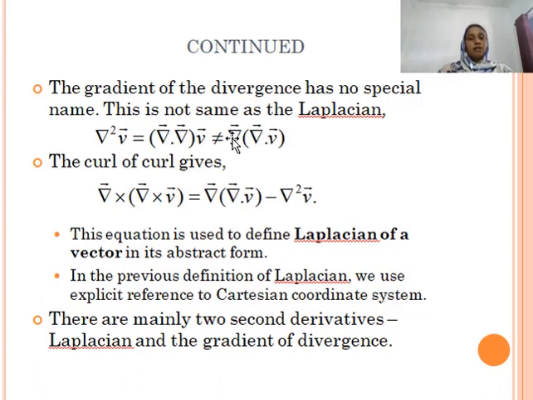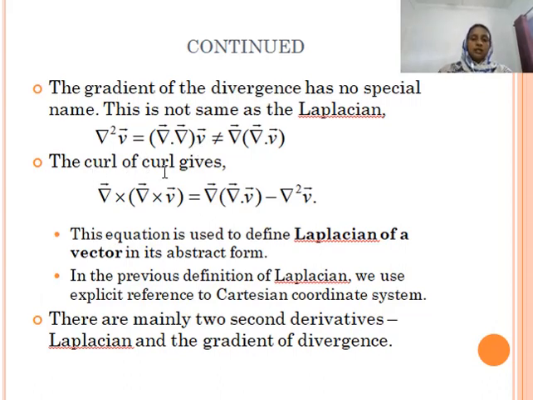Here the gradient acts on this scalar field del dot V. Here del square is a scalar operator. It acts on a vector field V. So these two are not equal. They are different operators. So the gradient of the divergence of a vector function is not equal to Laplacian of the vector function.